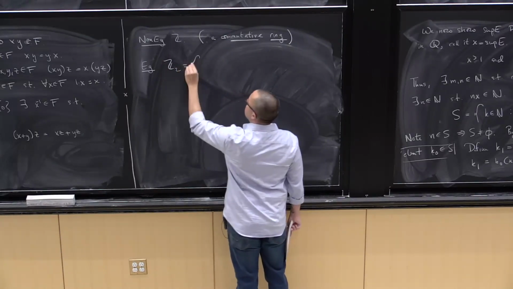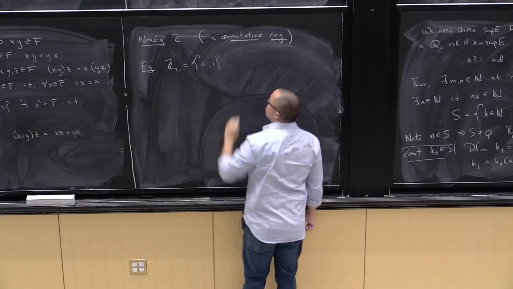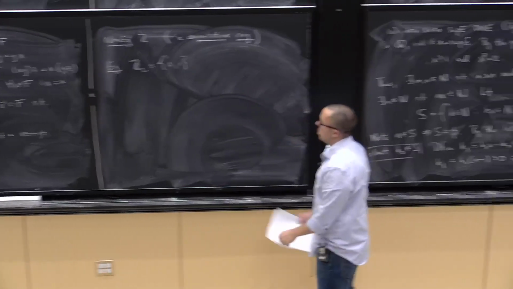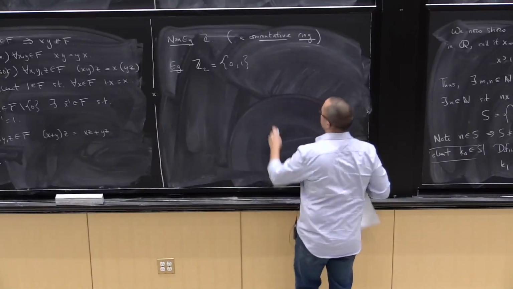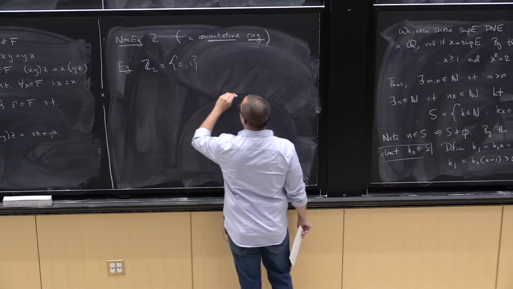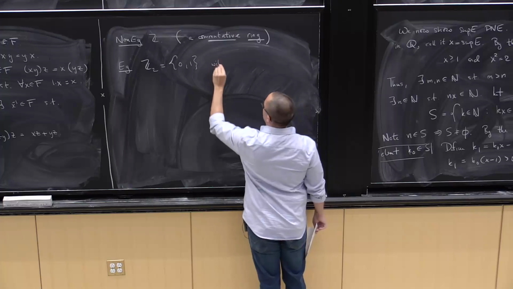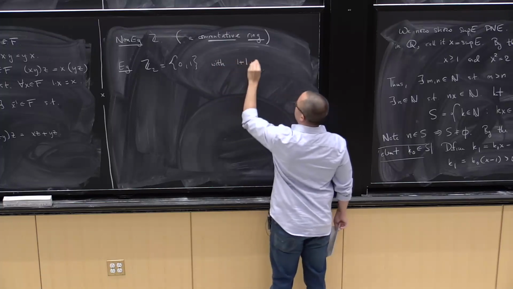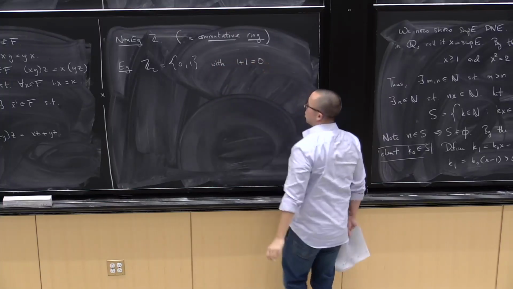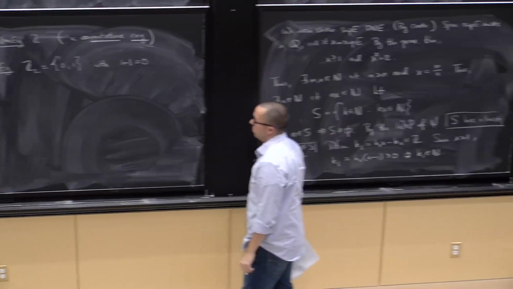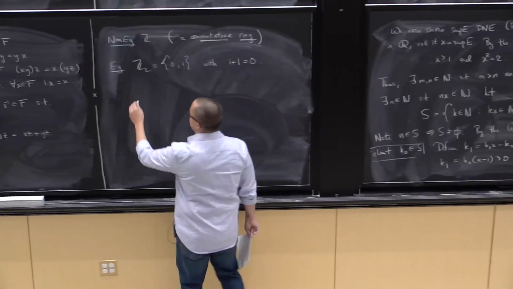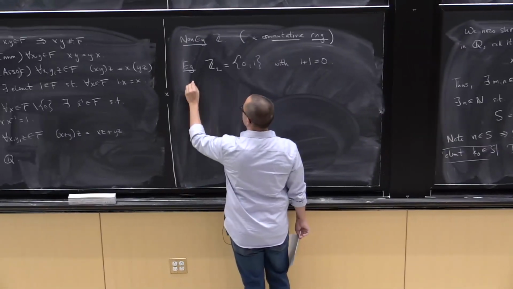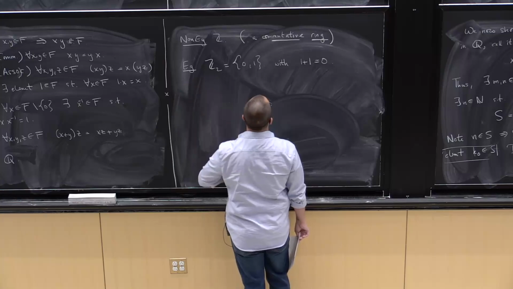Z2, which is the simplest field there is, just a set of two elements, 0 and 1, where I need to define what 1 plus 1 is. 1 plus 1 is defined to be 0. Okay? So 1 plus 1 is 0, and that's it.